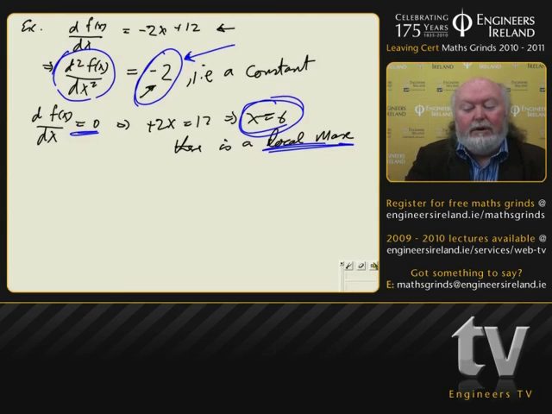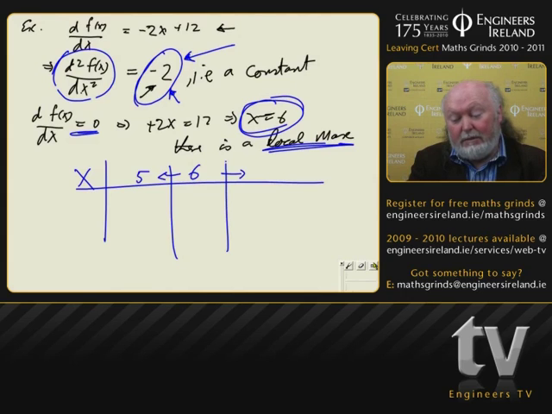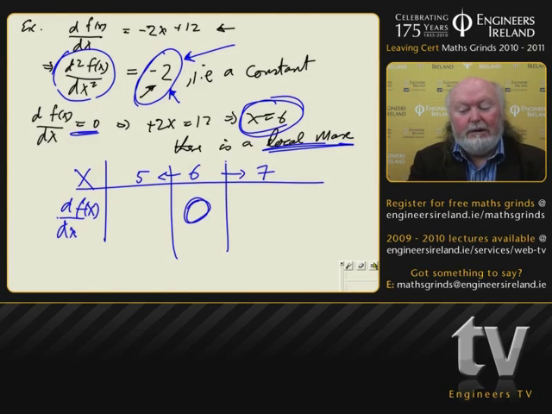And if we had assumed that in this case here it wasn't minus 2, that it was actually 0, and having found an answer of 6, we could have put in our 6 here, we'll go 1 below it, 5, 1 above it, or whatever number you feel like, and we'll say the ddx of the function, we know it's 0 here, and we will just check, what is it, plus or minus?